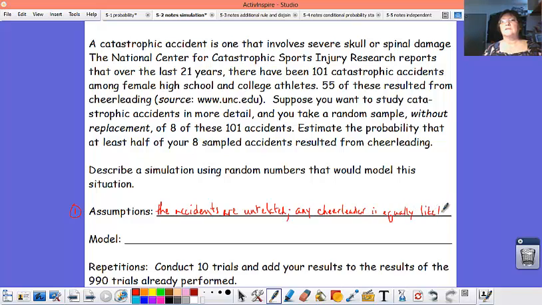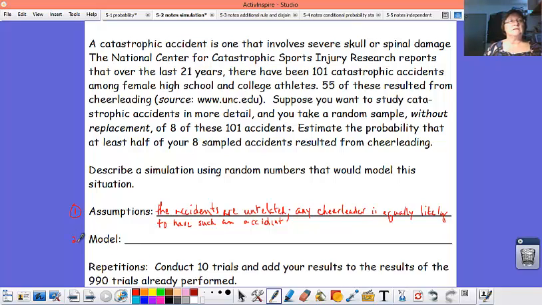And I know some of you are saying right now that's not really true because flyers are more likely, but for our simulation, any cheerleader is equally likely to have an accident like this. Alright, and that's our assumption here. If we're using random numbers, then we are assuming that it could happen to anyone.